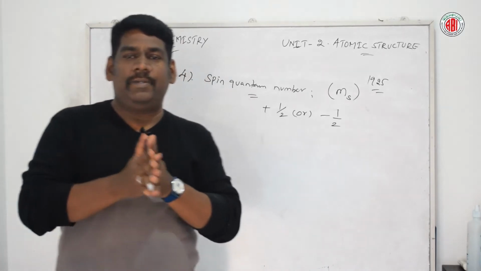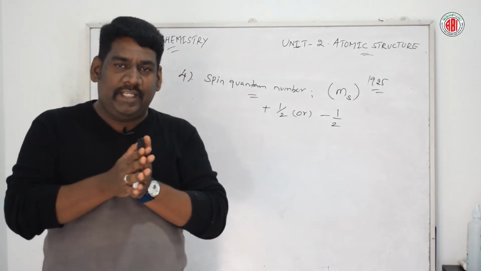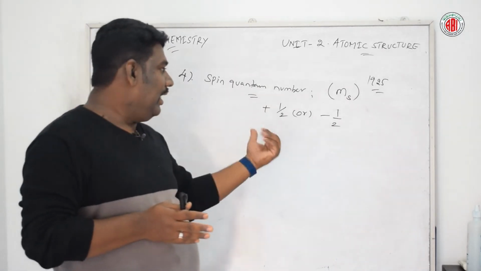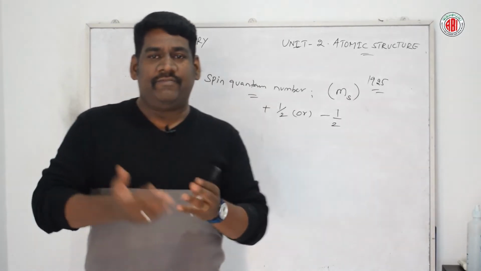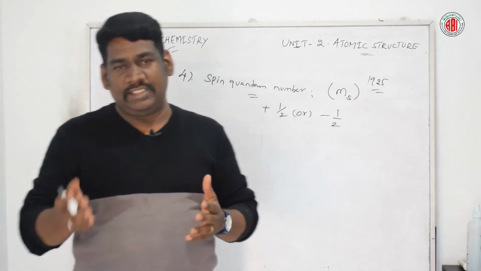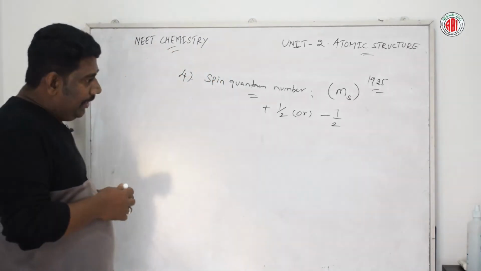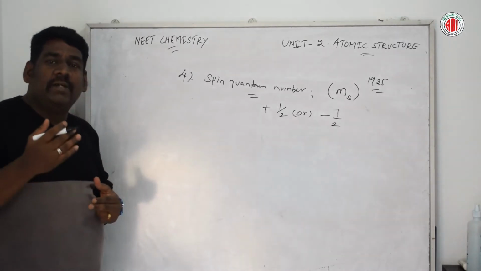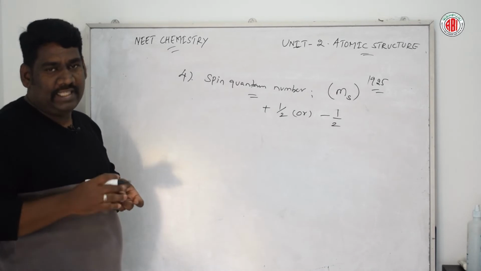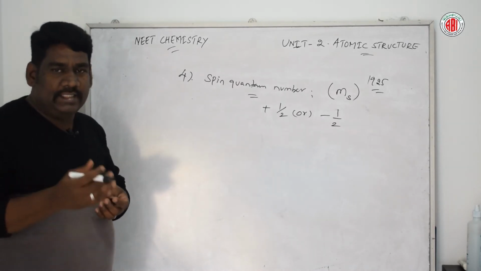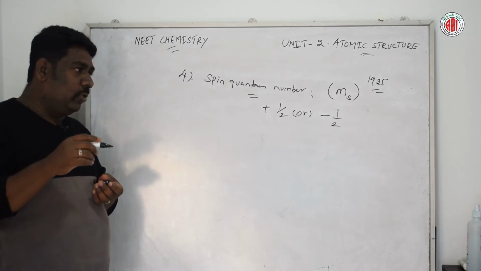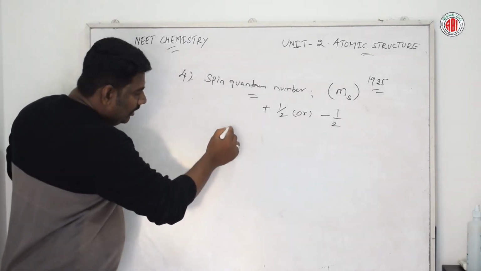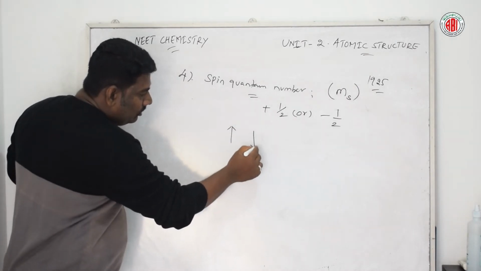This quantum number has a value that depends upon the values of the other 3 quantum numbers. Usually we denote the clockwise and anti-clockwise spin of the electron by a small symbol, an arrow mark pointing upwards and an arrow mark pointing downwards.